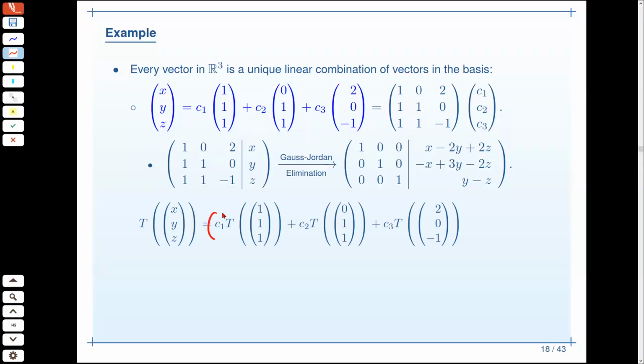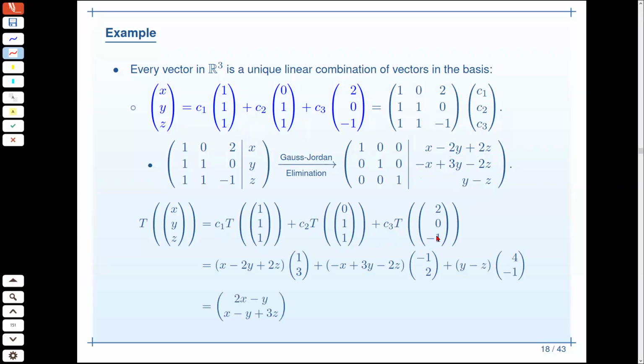But C1 we know, C2 is here, and C3 is here. And just now we were given the images of (1,1,1), (0,1,1), and (2,0,-1). So the remaining is just the computation, which I believe you can do. We get 2x minus y, then x minus y plus 3z.